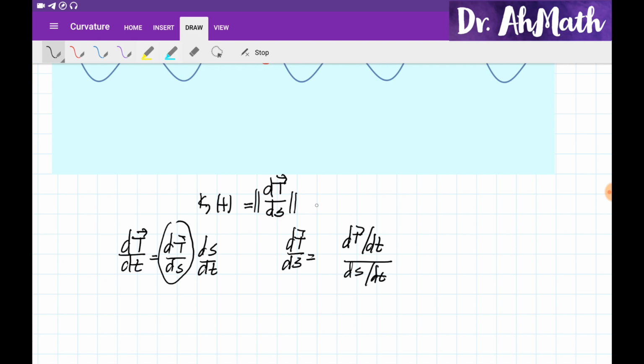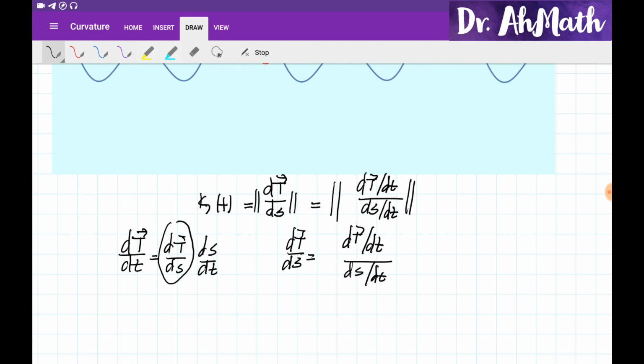If I substitute this here, the curvature is defined as the derivative of the unit tangent vector with respect to the parameter, divided by the derivative of the arc length with respect to the parameter t. Obviously we're going to take its norm.